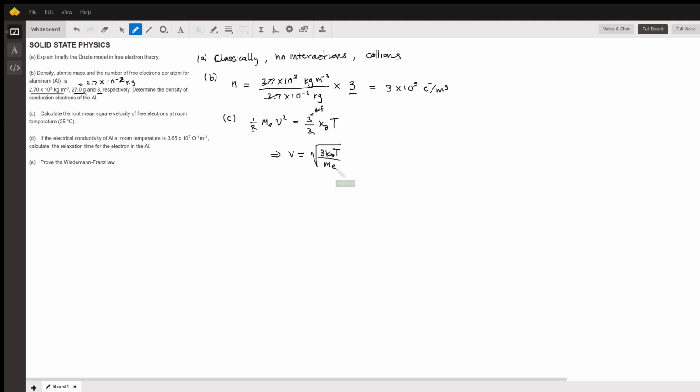I'll let you plug in the numbers for that, but it's just 3 times kBT, with T being 25 Celsius, and then the mass of the electron.